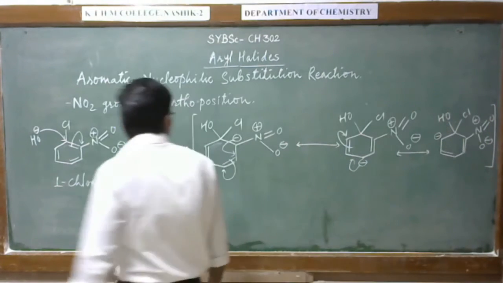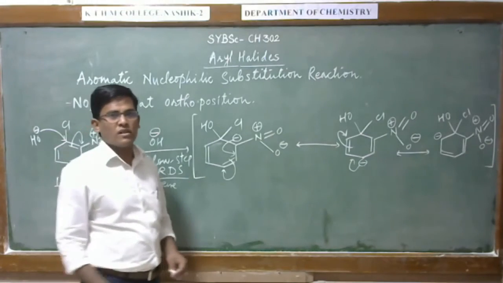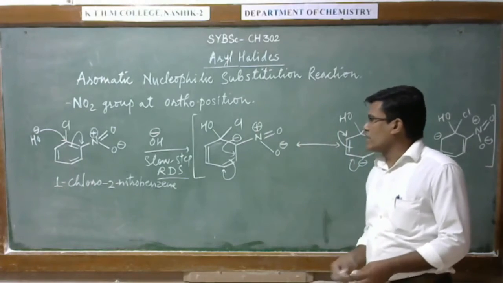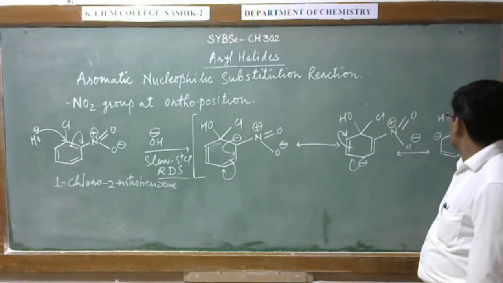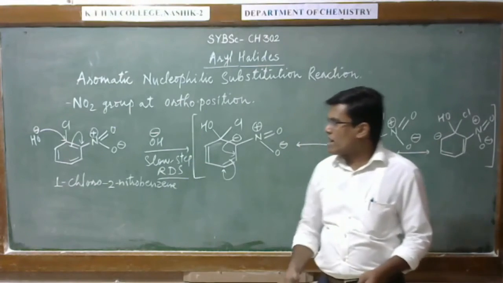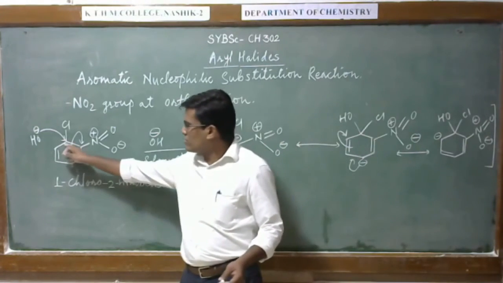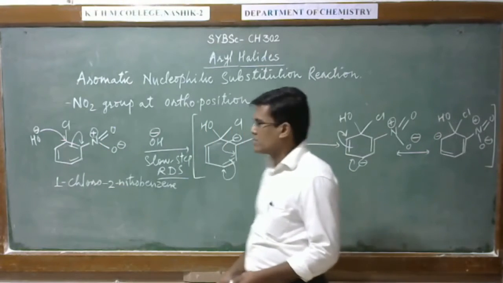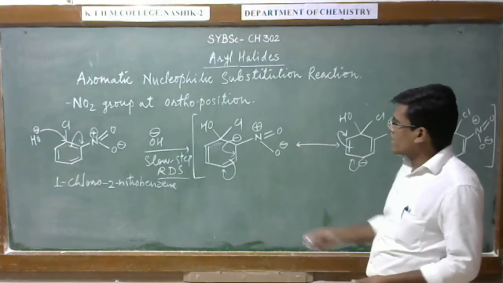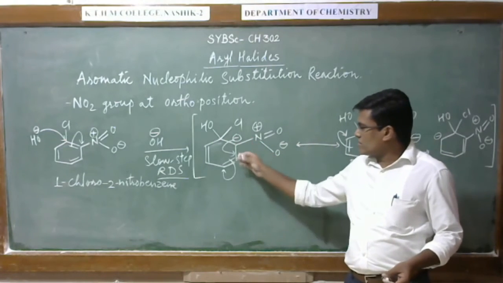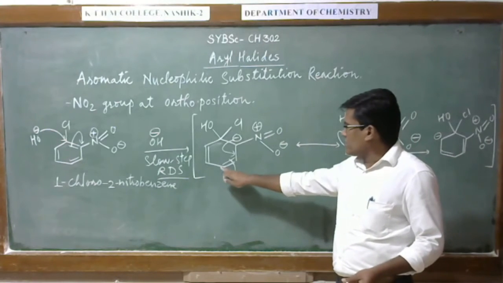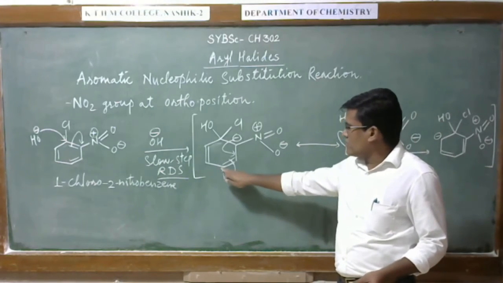So in this way we can show the resonating structures for this aromatic nucleophilic substitution reaction. Okay. So in the first step, this OH ion will react at this carbon, and this bond breaks to form this resonating structure. Then this negative charge will restore and this double bond will break, and the negative charge comes over here.